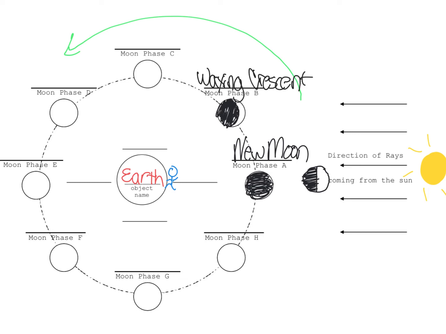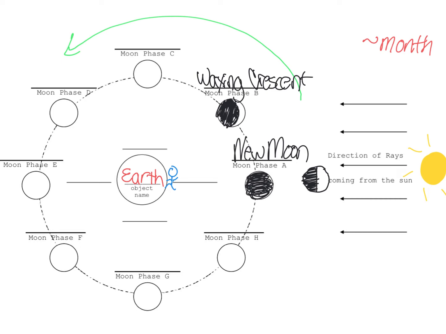This is called the waxing crescent. Remember that the whole lunar cycle takes about a month. So the first 2 weeks of the cycle are the waxing phases, where the moon gets more and more illumination each day.